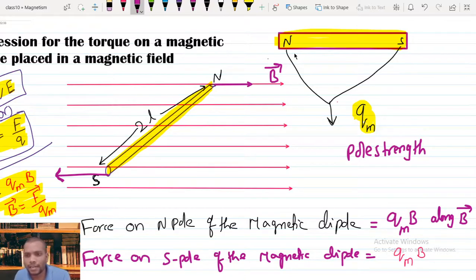So this side I can write it as opposite to B bar.